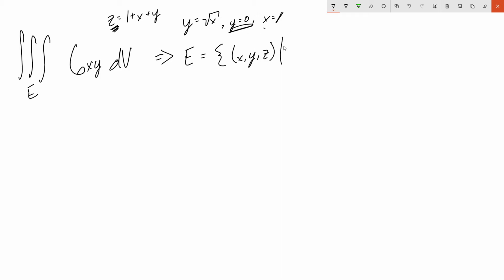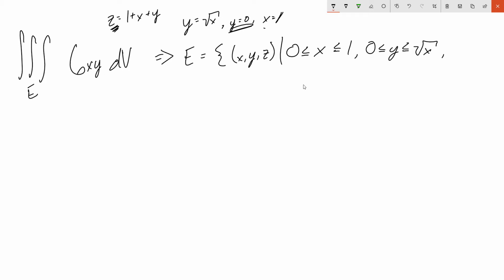Let's just continue with the bounds here. So what we end up having is 0 is less than or equal to x is less than or equal to 1. And that's given by these bounds up here. And then we have 0 less than or equal to y less than or equal to root x.